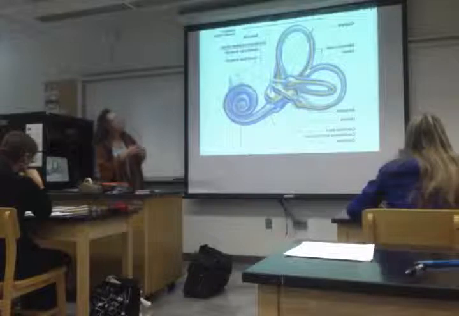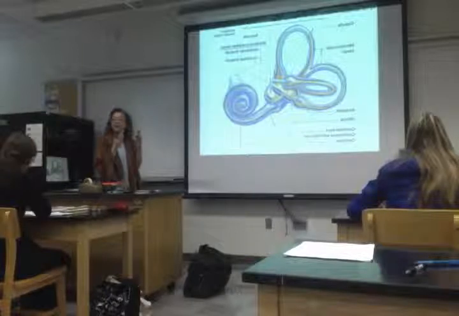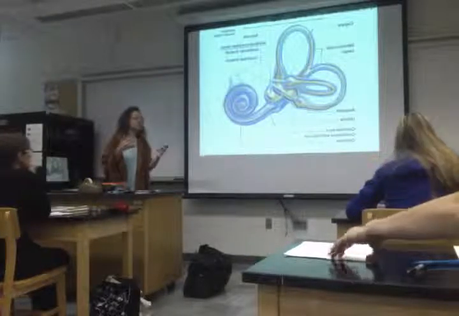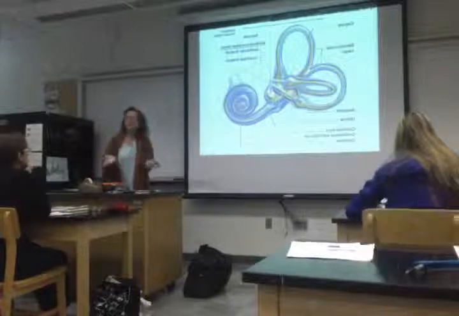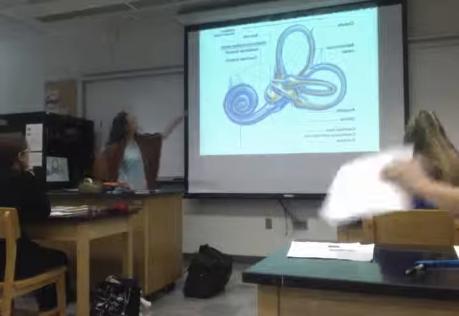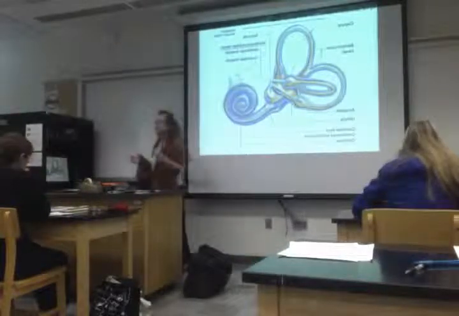So we're going to move on to the vestibular system, which is intimately tied with the auditory system. And we know vestibulocochlear nerve, cranial nerve number 8, it's in the name. Vestibulocochlear. And the axons run together. Good.